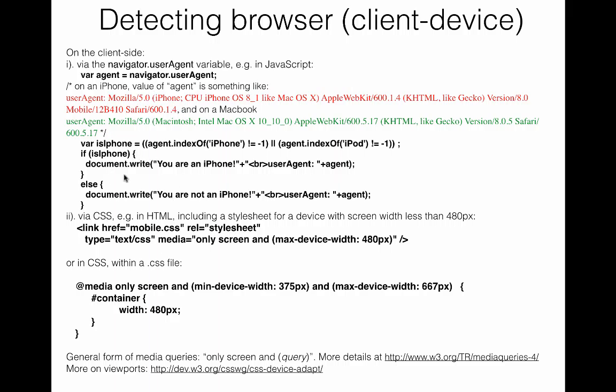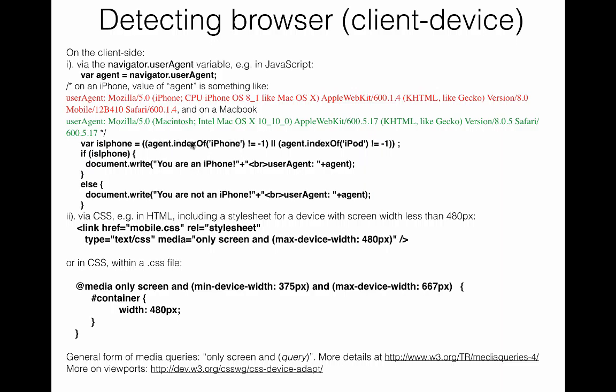If your JavaScript code wants to show different things or do different computations depending on whether it's an iPhone or a MacBook, for instance, you can have a variable. Remember, indexOf returns the occurrence of the iPhone string in agent, and if it doesn't occur, then it will return -1. So if it's not -1, that means the string iPhone is found in the navigator.userAgent string.